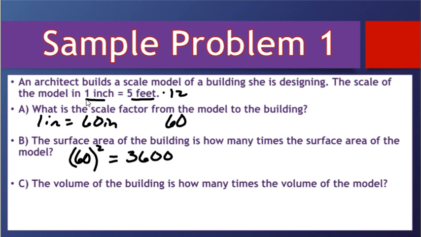And then letter C, the volume of the building is how many times the volume of the model? Again, we're comparing volumes. So take the scale factor, 60, and for volume you cube it. If we cube 60, we would get 216,000 times the volume of the model.